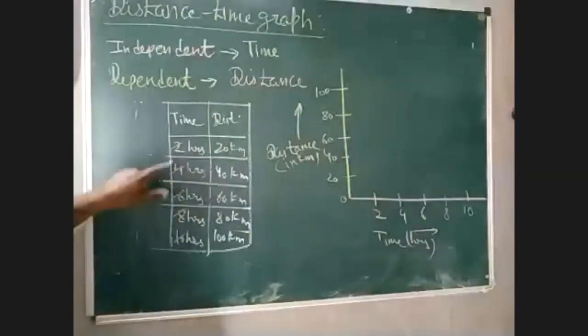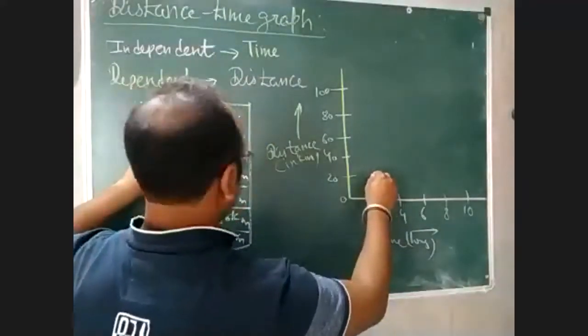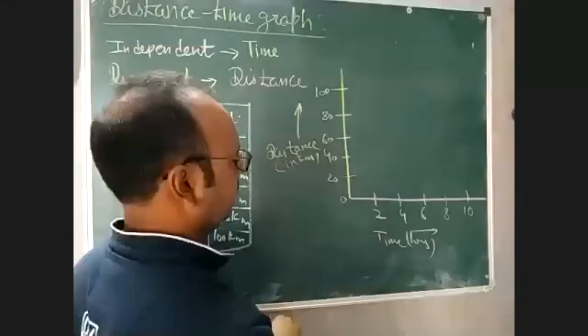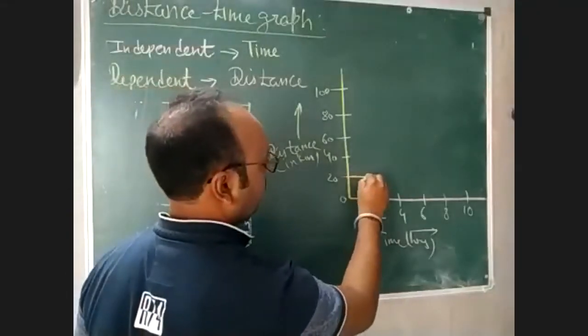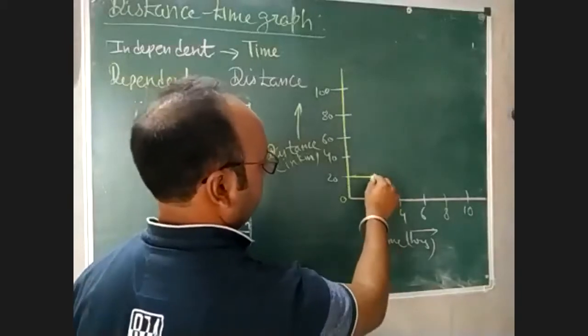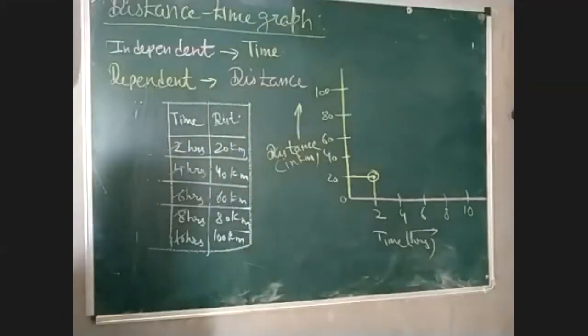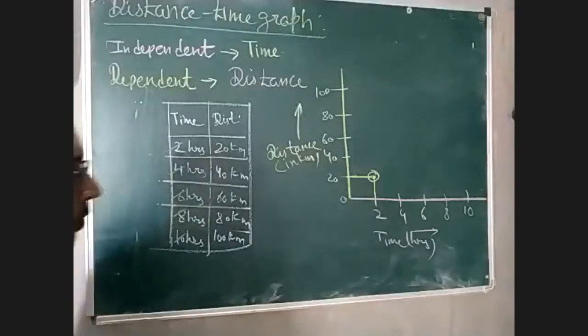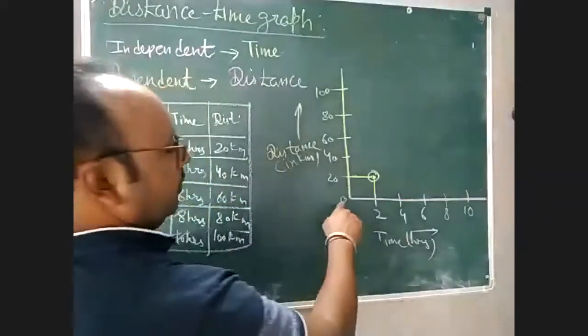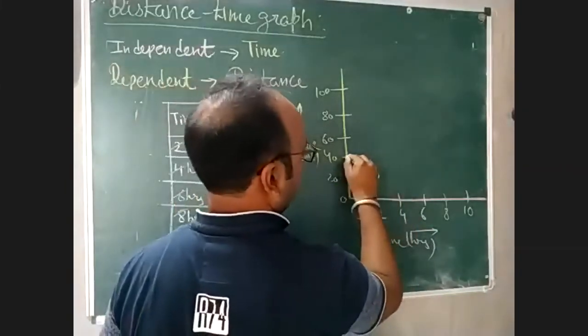Now choose the value 2 hours. When the time was 2 hours, distance was 20 kilometers. So distance is 20 kilometers here, right? And this is time. So I'm taking this value like this. In graph paper, you have small boxes of 1 by 1 centimeter size, so in these boxes it's very easy to draw. Now this is 2 and 20, then 4, 40.